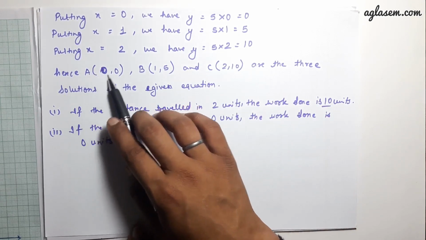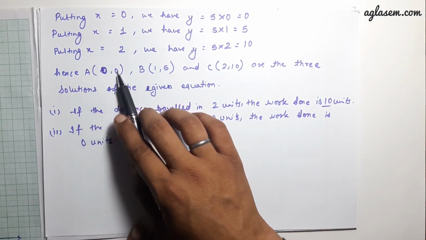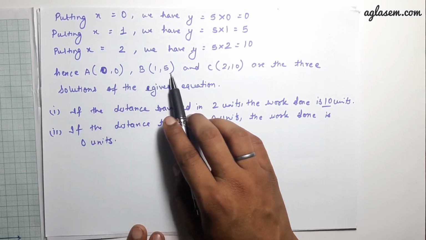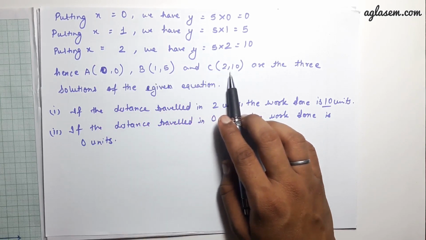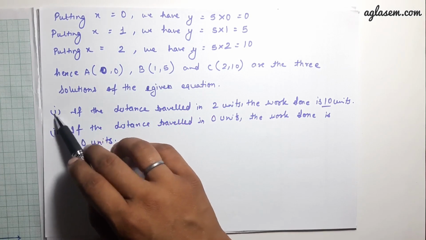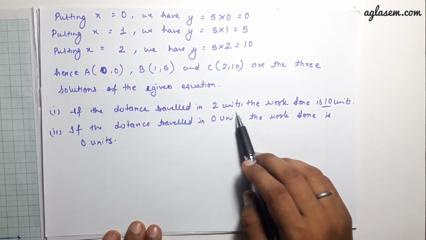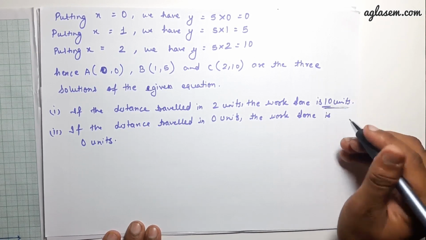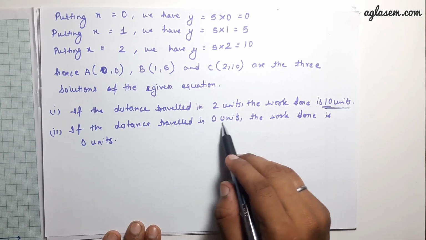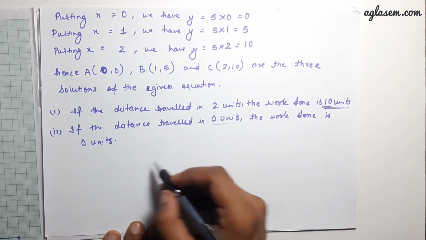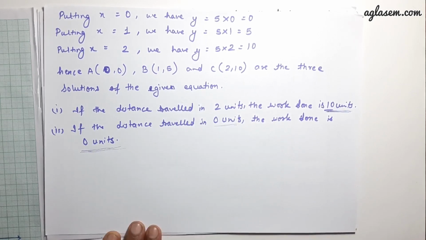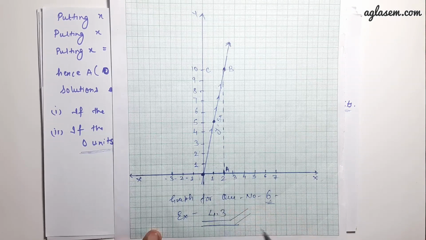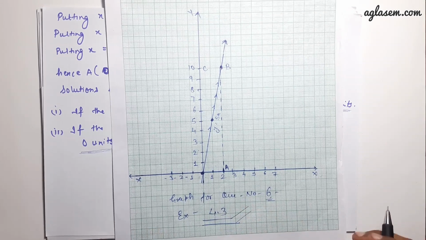Hence, as I read above in the solution, A is (0, 0), B is (1, 5), and C is (2, 10). So here, first, if the distance traveled is 2 units, the work done is 10 units, because 1 unit is 5. If the distance traveled is 0 units, the work done is 0 units. And here, this is the graph, you can see.